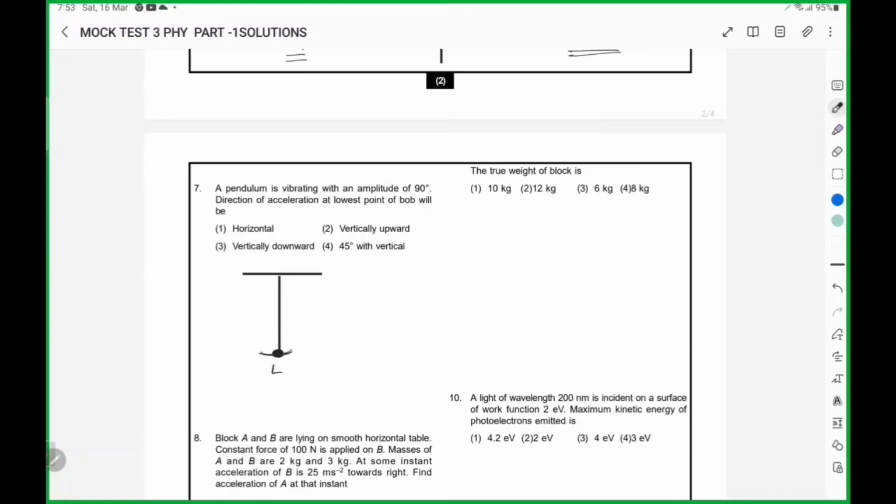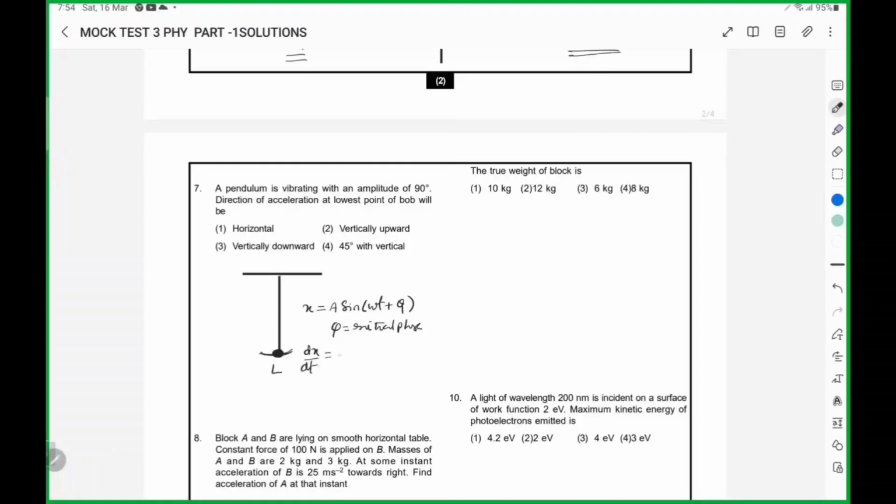Once it executes SHM, its equation is A sin(omega t plus phi), where phi is the initial phase.